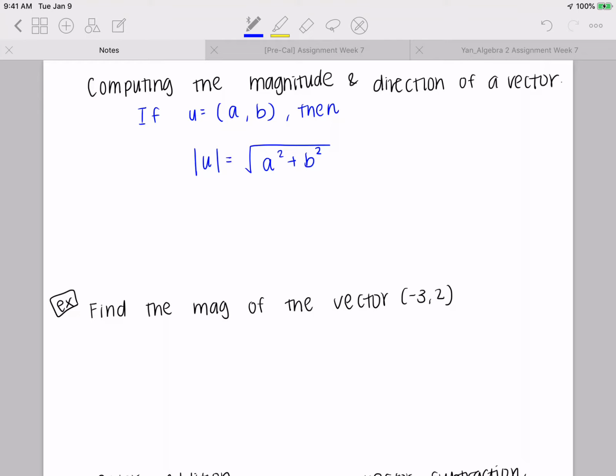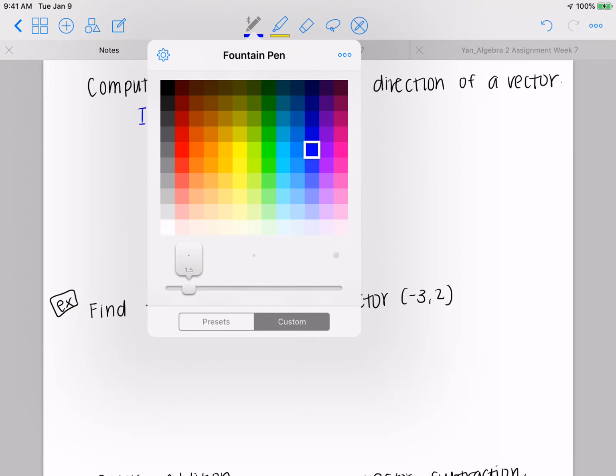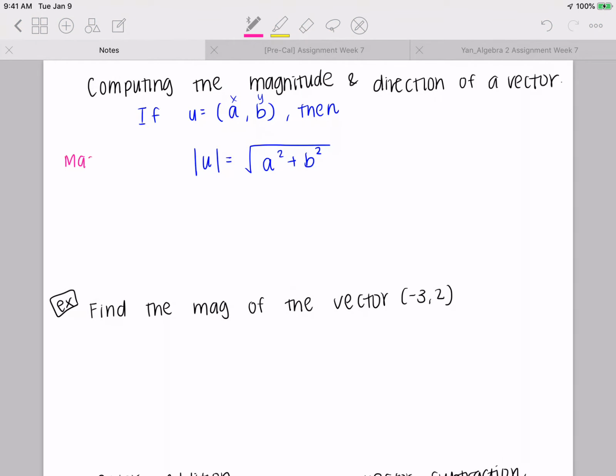I think last section we used x and y, so it's really the same thing. If these were x and y, we can still use a and b. So the square root of a squared plus b squared is how we found magnitude. Now for direction. Direction is theta.